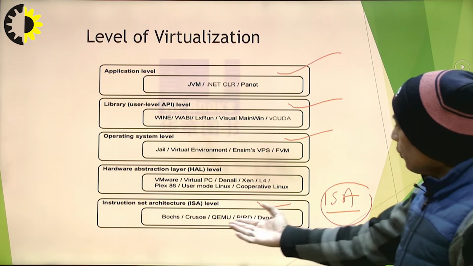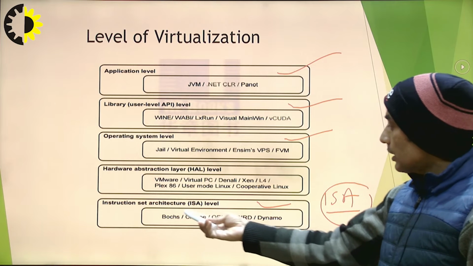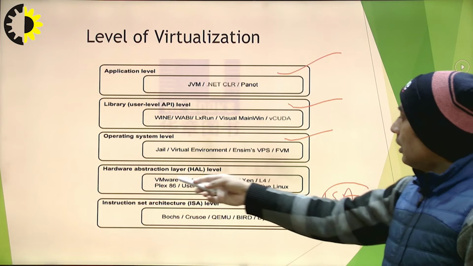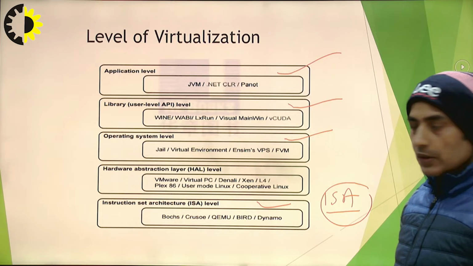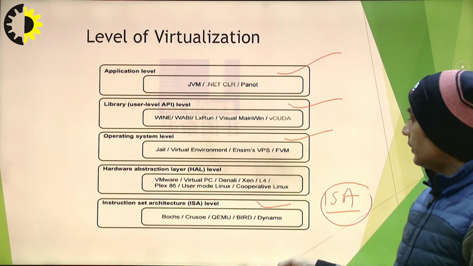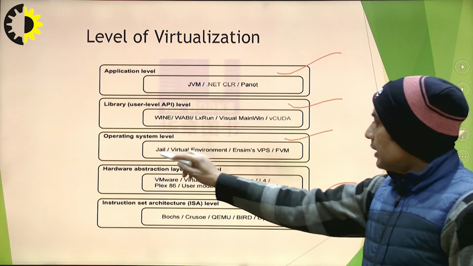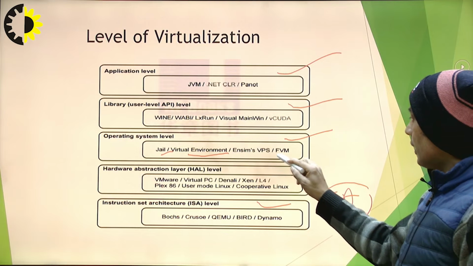These are some products. Products using the instruction set architecture level include Bochs, Crusoe, QEMU, BIRD. VMware uses the hardware type of virtualization, along with Virtual PC, Denali, Xen. For the operating system level, there are Jail, Virtual Environment, FVM.